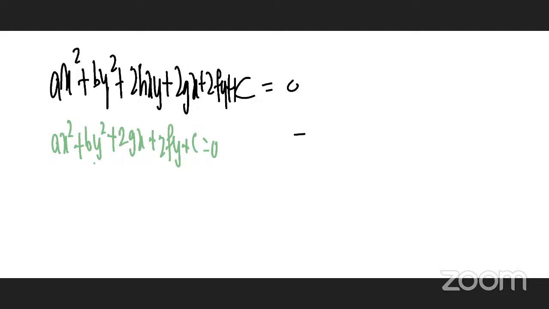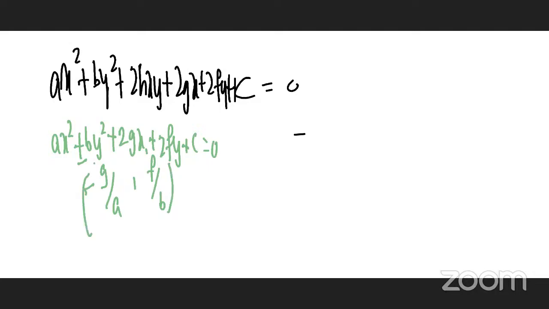That is done by shifting the origin to minus g by a comma minus f by b.